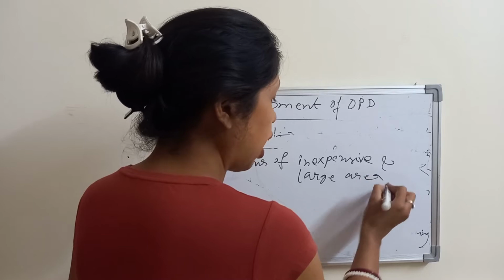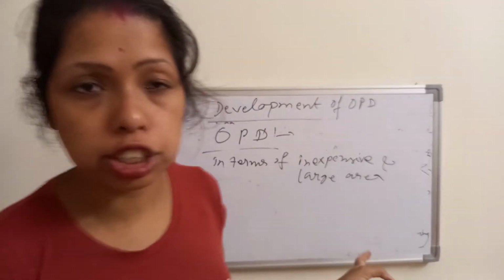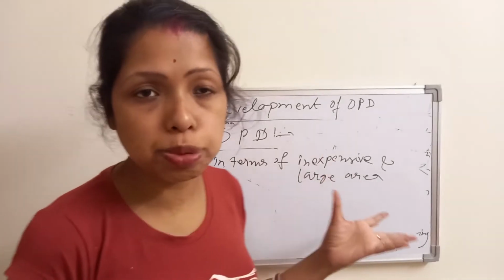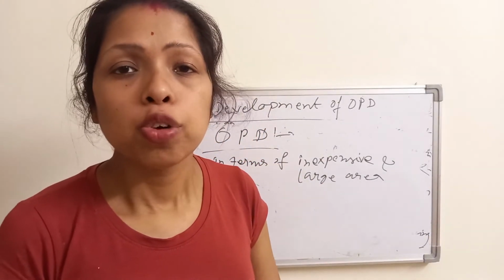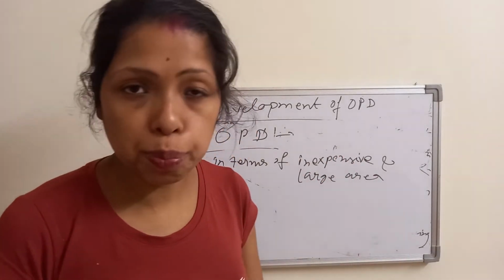If you need any large area application, and that should be very low cost, for this kind of application we have to use the organic photodetector. The inorganic photodetector is not suitable for large area and inexpensive application. So already lots of organic photodetectors were designed for inexpensive and large area application.